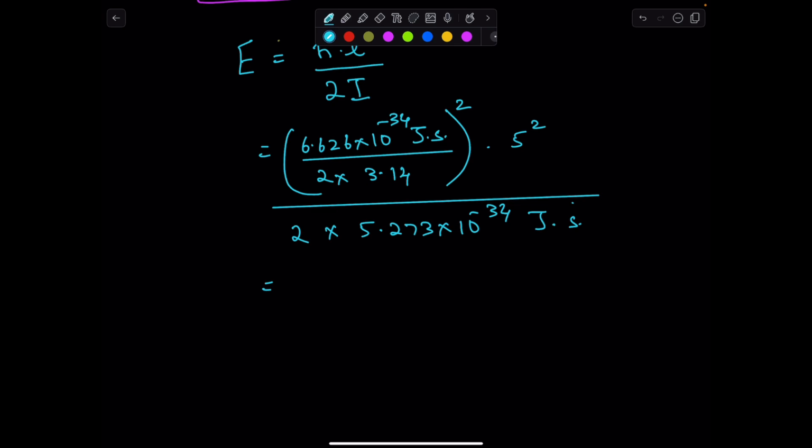We get 7.88 times 10 to the negative 19 joules.